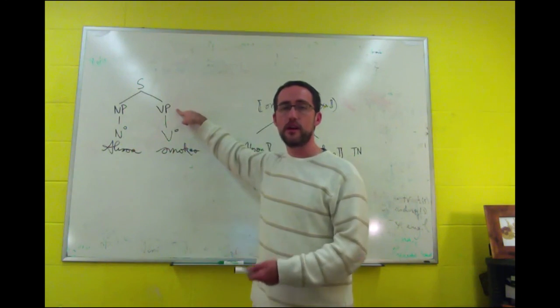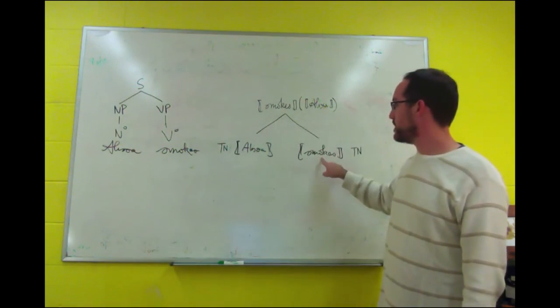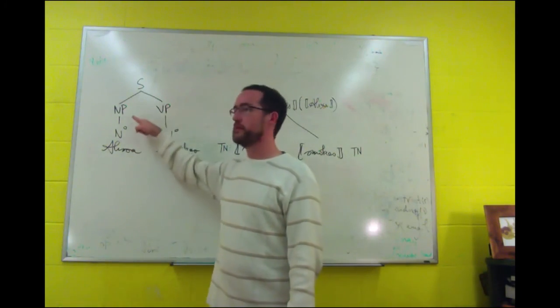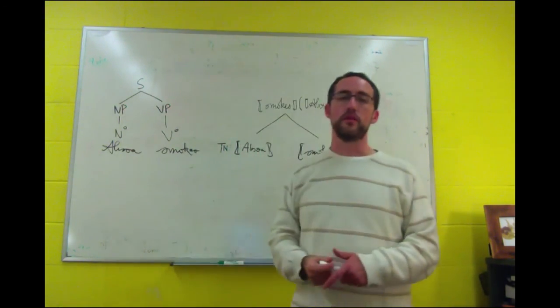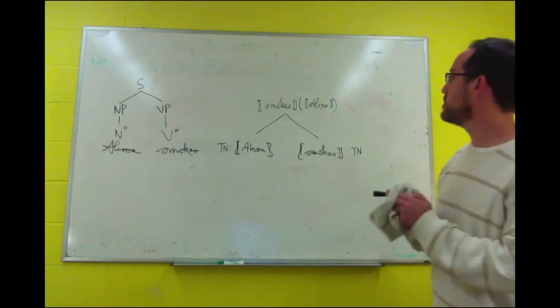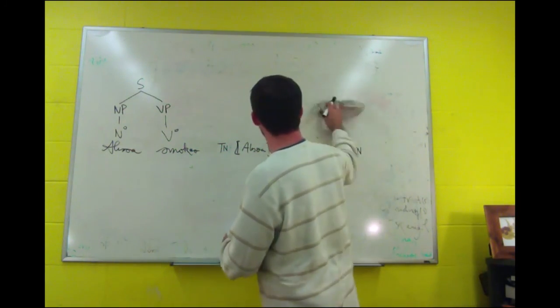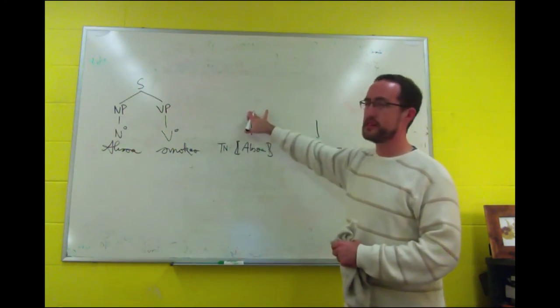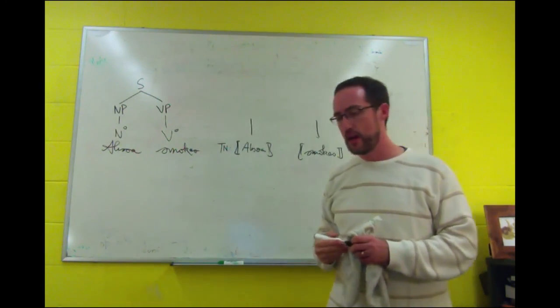Well, we have the verb is the daughter of the VP. It's not the sister of the noun. The noun is not the sister of the verb, it's the daughter of the NP. So we need to have an intermediate node. The NP has a meaning, the VP has a meaning.